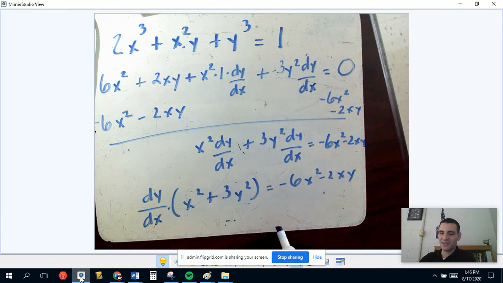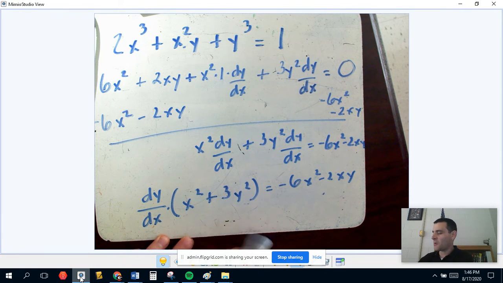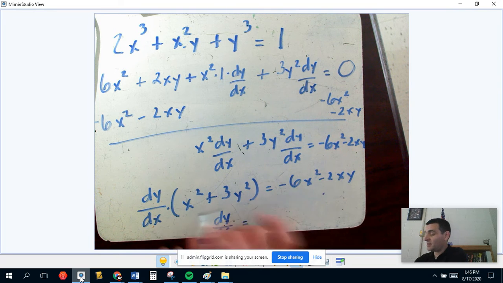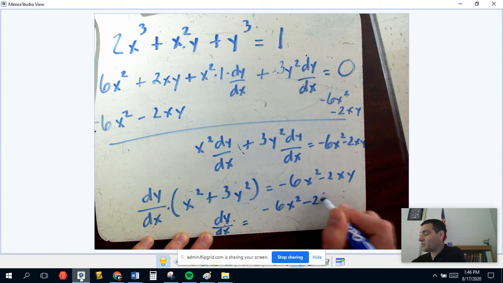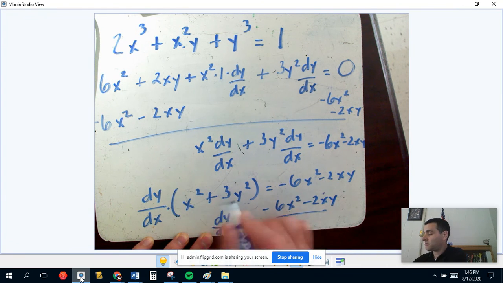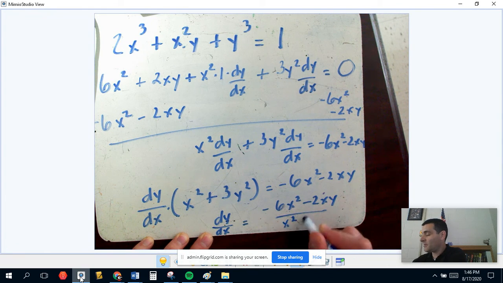When you get to calculus, a lot of times you can bypass some of that work, which I'll do here a little bit. dy dx, which is what the question wanted. I never did write the instructions, but we're looking for the derivative of y with respect to x. It's going to be this divided by this. So negative 6x squared minus 2xy divided by this, which is one big factor.